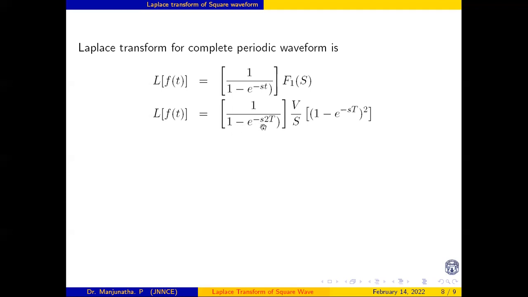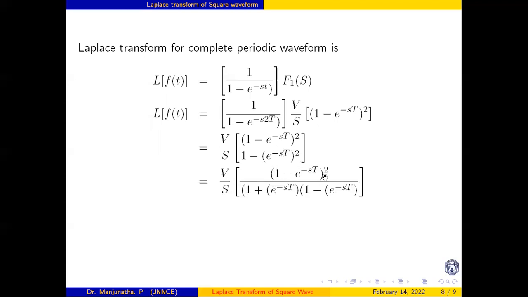So 1 minus e to the power of minus s into 2t, where this 2t is the duration of one cycle, into whatever I have determined as the Laplace transform, v by s into 1 minus e to the power of minus st whole square.